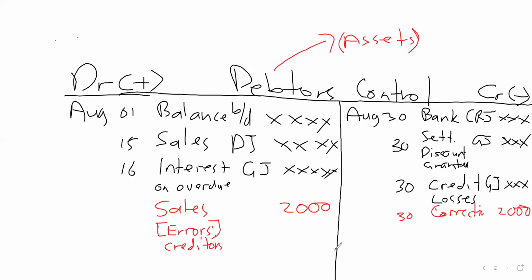But it does not end there. Yes, you've taken it out of the debtors control, but remember, it still has to be recorded in the right place. So if you have your creditors control account, which I'll talk about shortly, it's a liability, guys.